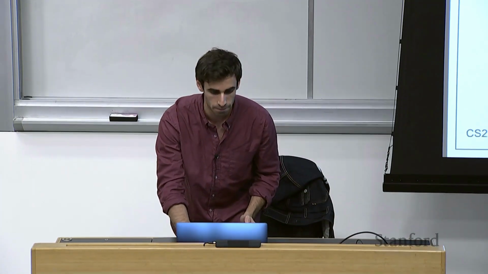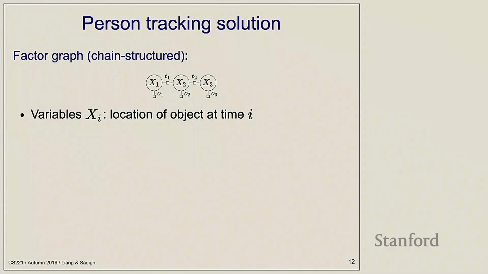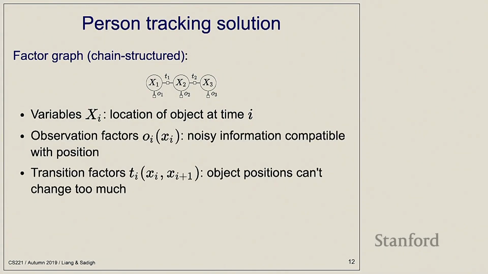So this is how we code it into a factor graph. In this case, we have variables where the variable is our guess for the real location for that object. We have two kinds of factors. We have unary observation factors that say how close is our guess to the observation, to what our sensor said.